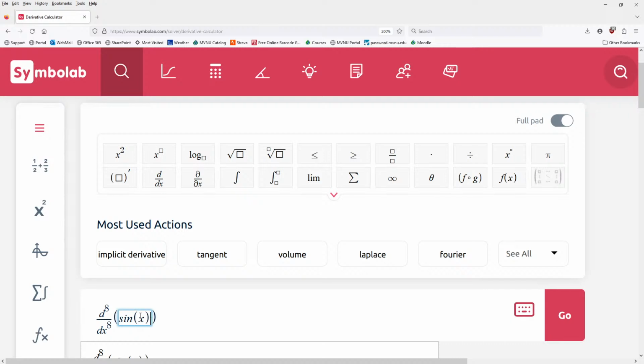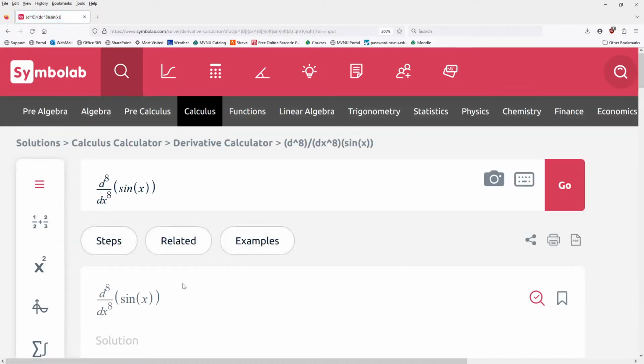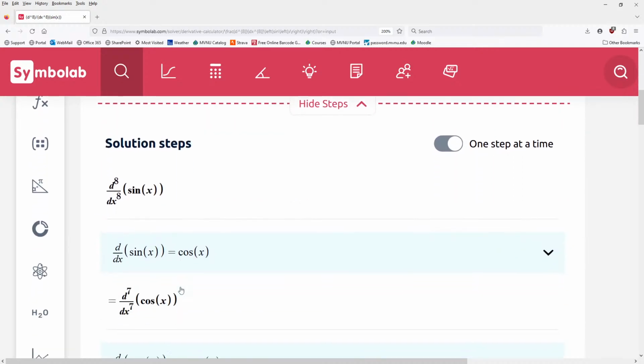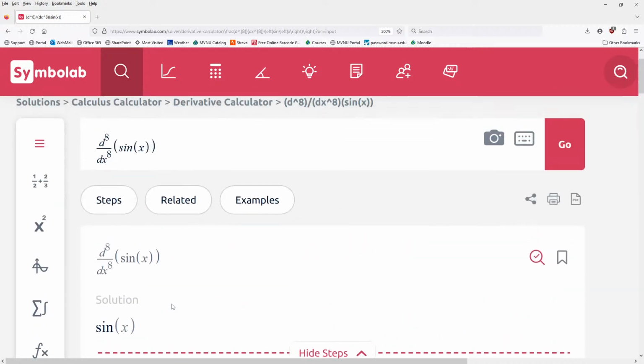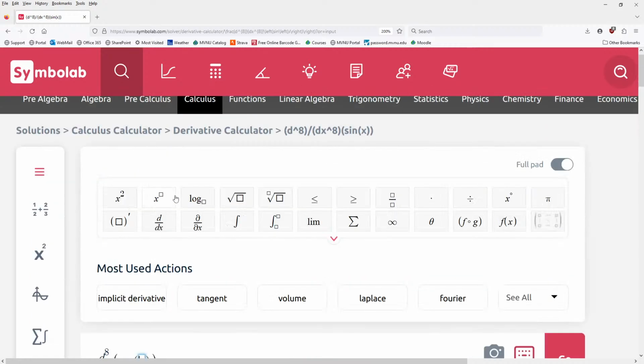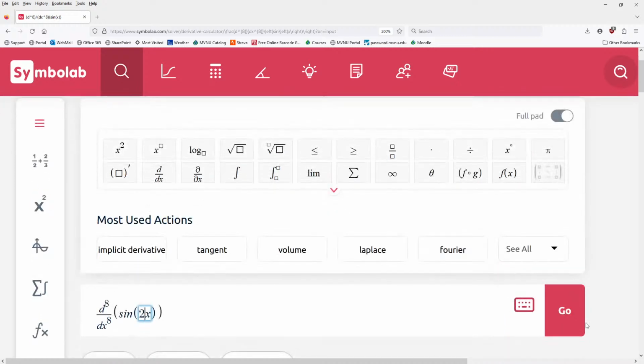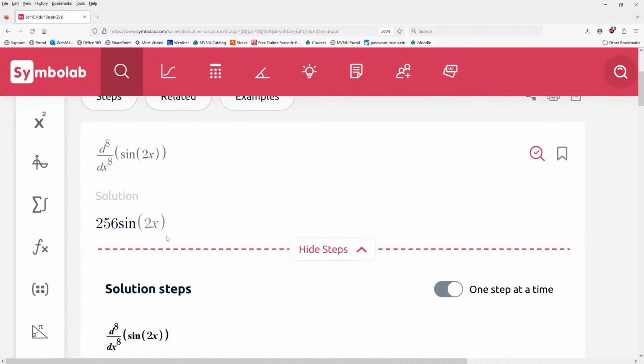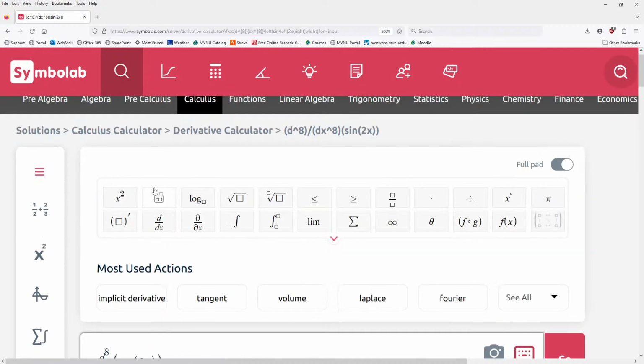I'll just do this as an experiment. The 8th derivative, is that what it's doing? Okay, let's hope. Let's try 2x just for fun. Sine of 2x, we should be multiplying by 2 to the 8th. Yeah, okay, it does understand. That's all I wanted to check.